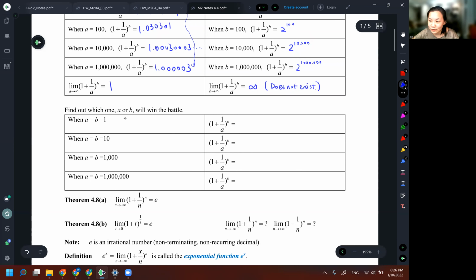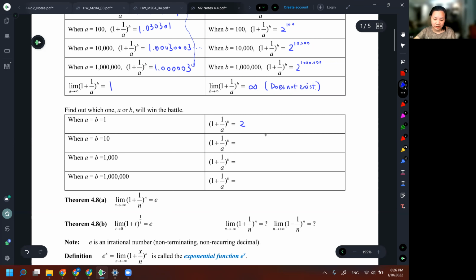And we have a third experiment, the third trial. Now, when A and B equal 1 at the same time, A and B equal 10 at the same time, A and B equal 1,000 at the same time, A and B equal 1 million at the same time. And we can do this experiment. So the first one, it's 1 plus 1, it's 2.